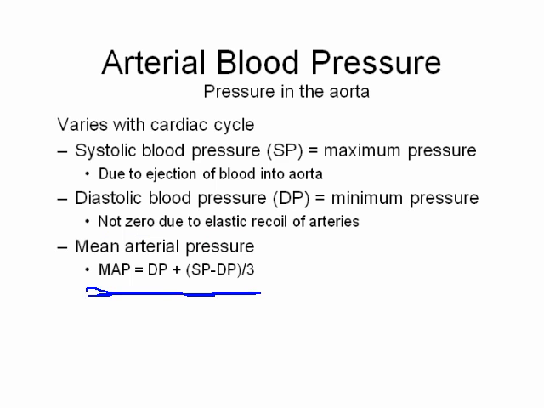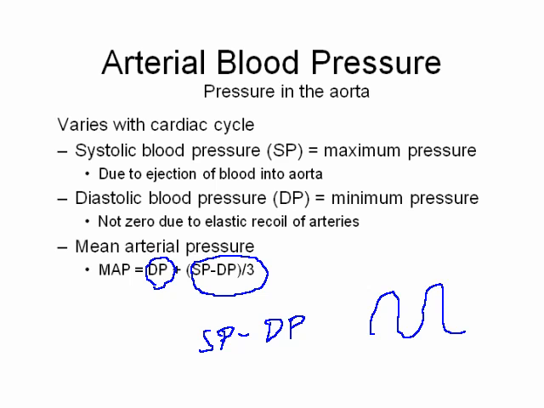Mean arterial pressure can be calculated by taking the diastolic pressure and adding 1/3 of the difference between the systolic and diastolic pressure. That difference is also called the pulse pressure, the systolic pressure minus the diastolic pressure.